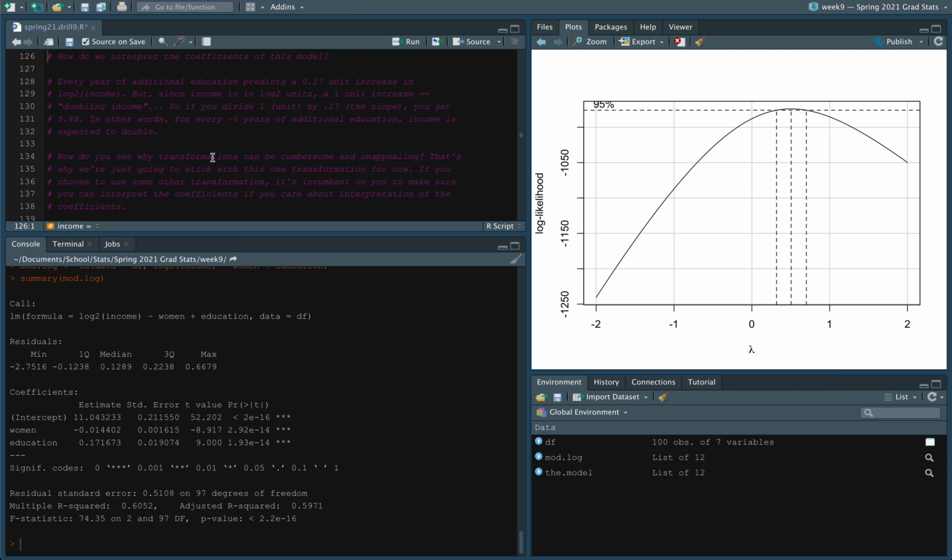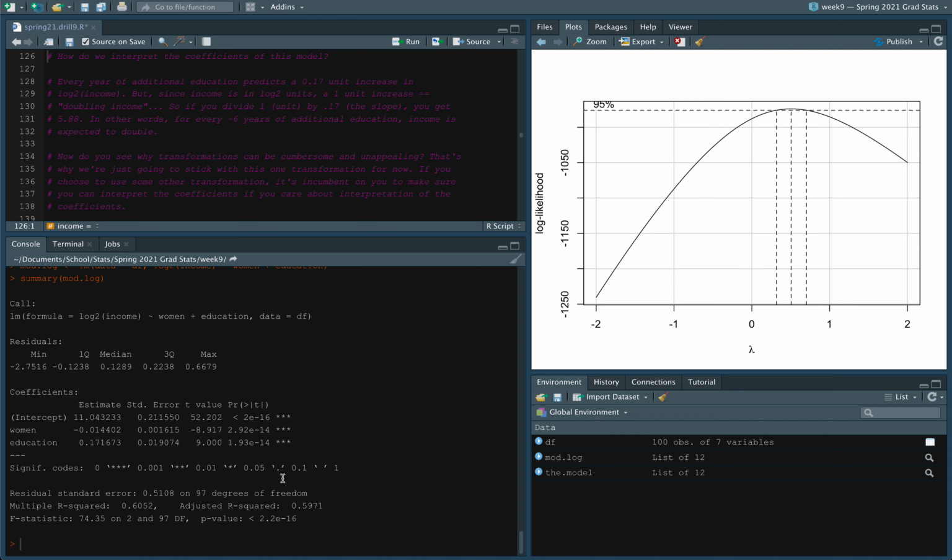So since each additional year of education predicts a 0.17 unit increase in log2 income, if we divide that 1 unit by the slope, 0.17, we get 5.88. Or in other words, for approximately every 6 years of additional education, income is expected to double.